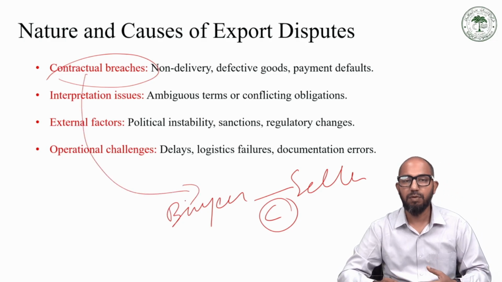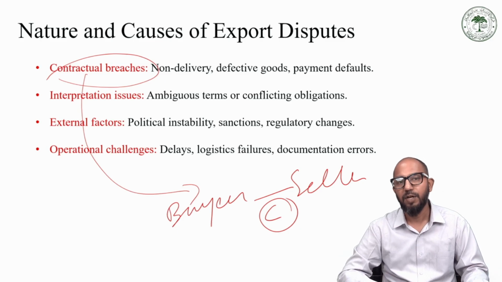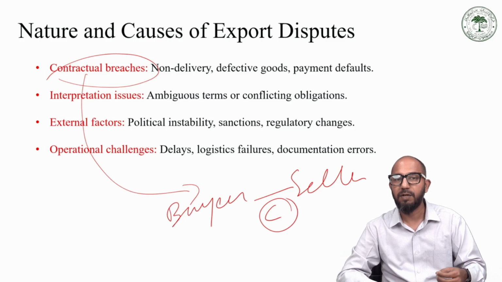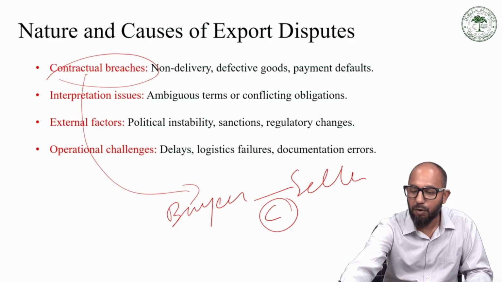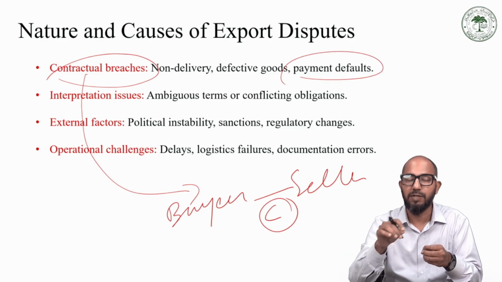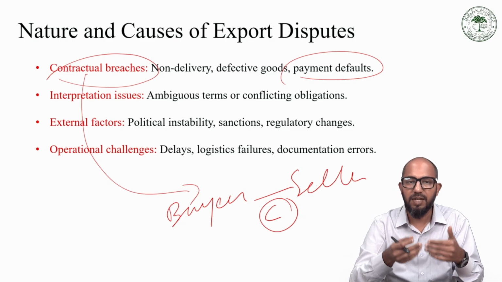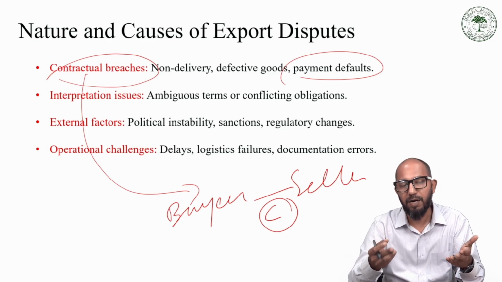It may also include non-delivery of the goods at the specified time. It may be delivery of goods but with defective goods. It may also be some kind of payment defaults or payment mismatch according to the contract. This may raise several disputes between the parties.